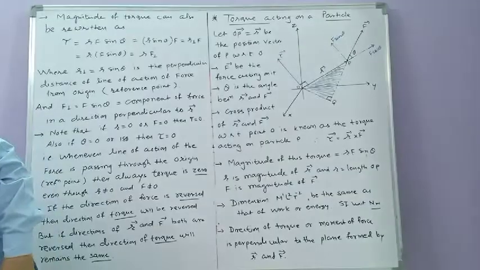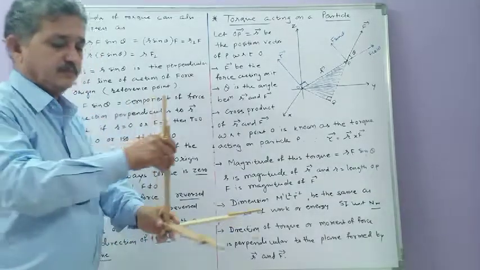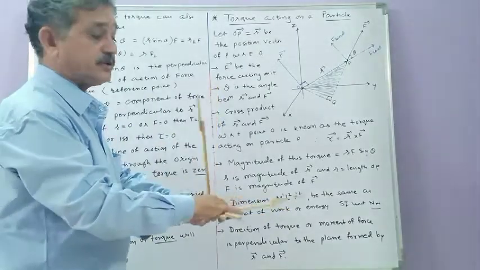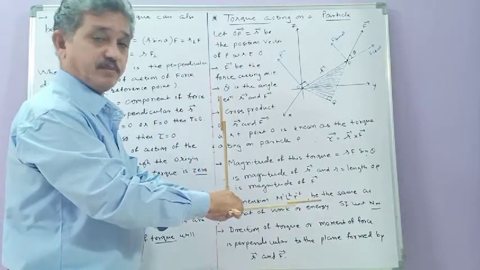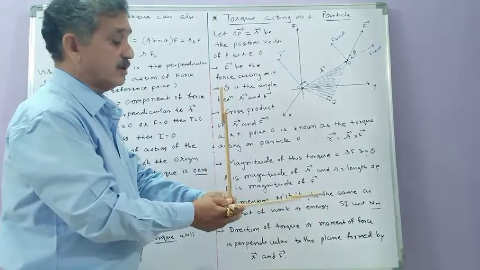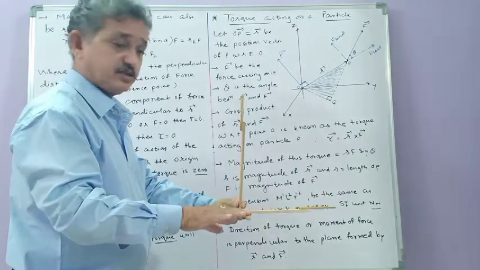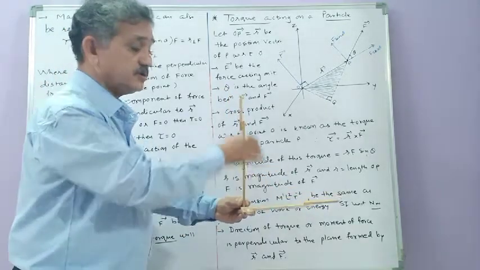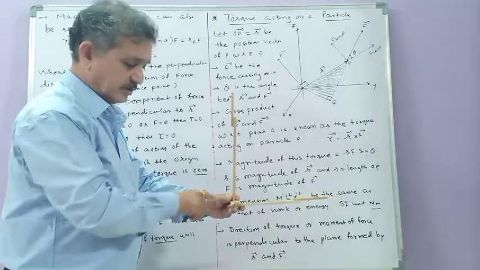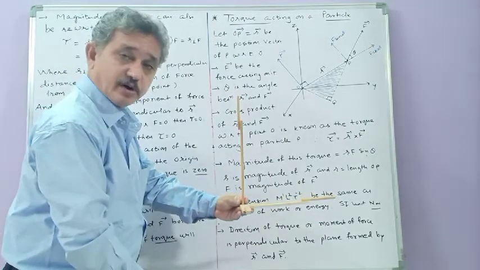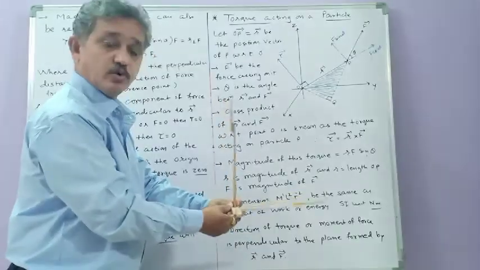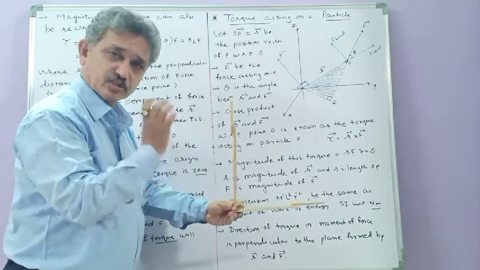Here you have to consider a 3-dimensional diagram. We remember, one is the x-axis, y-axis, z-axis. This is the origin of the 3-dimensional coordinate system. This origin I will take as a reference point.